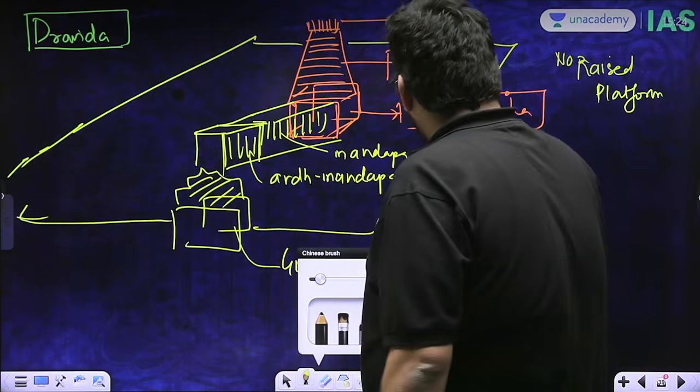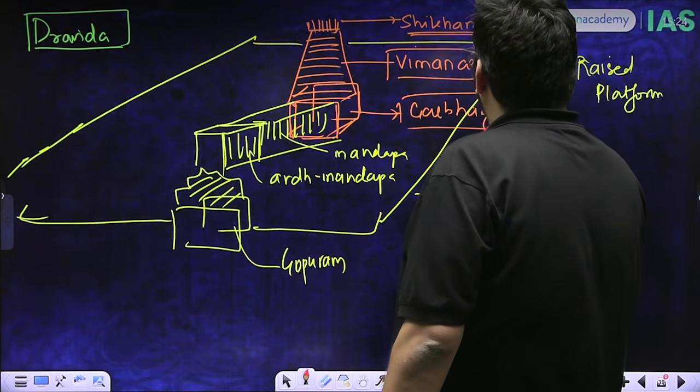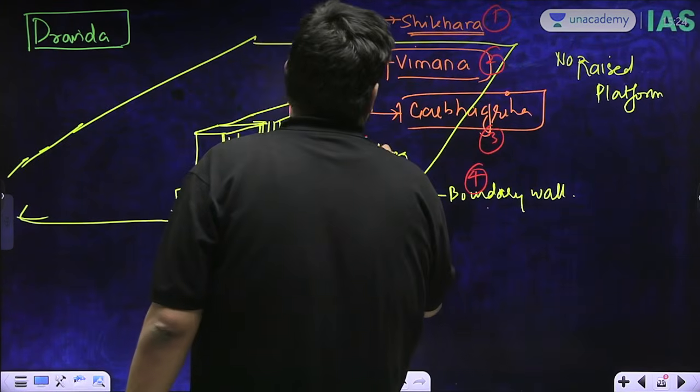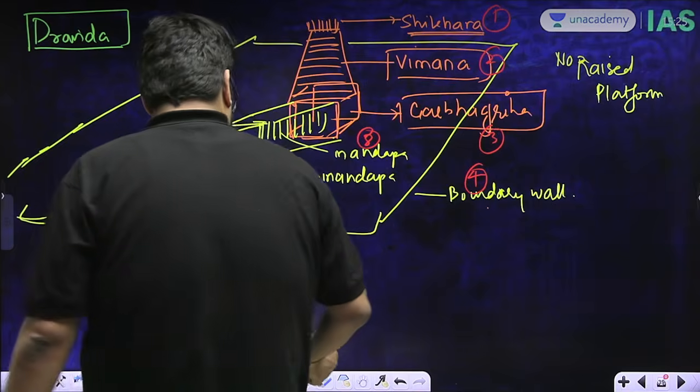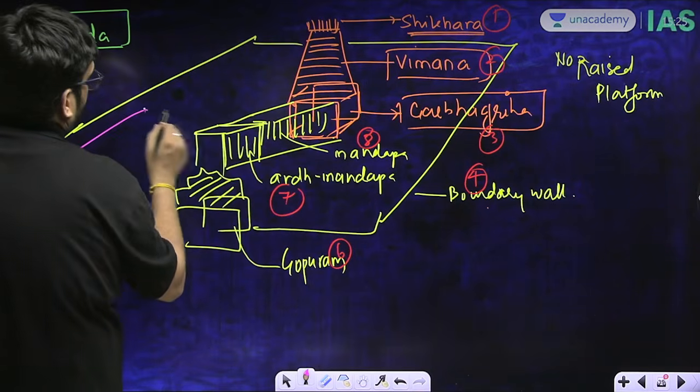So we have now Shikhar, Vimana, Garbhagriha, boundary wall, Gopuram, Ardhamandap, Mandap, and then we also have a water tank.